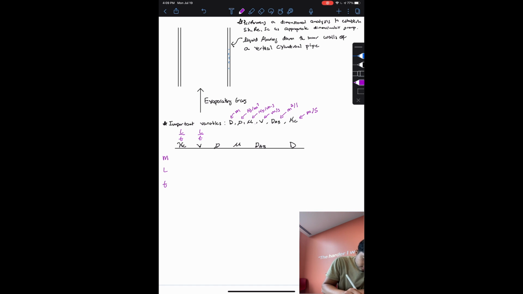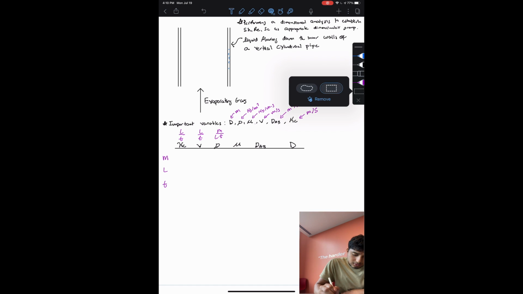It's in mass over L times, what is it, seconds, time, oh yeah, T. And the viscosity, oh, I mixed these up. That's why I got confused. This one is supposed to go over here.